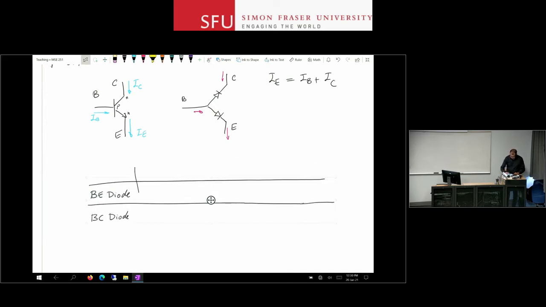So there are 4 possible situations here. I can have a BE diode that is on and a BC diode that is off. This is the situation that we just talked about.